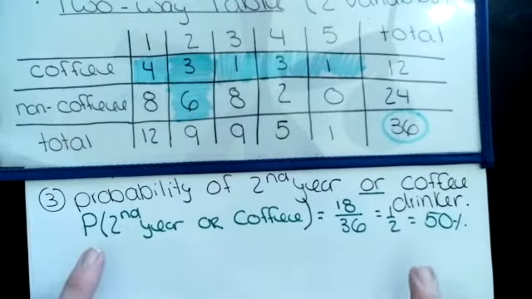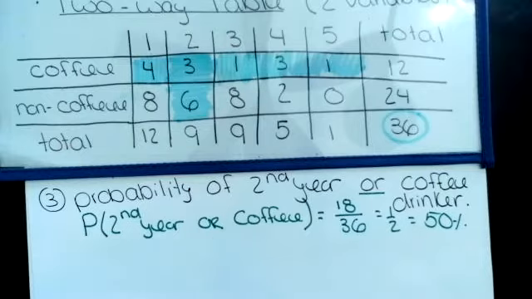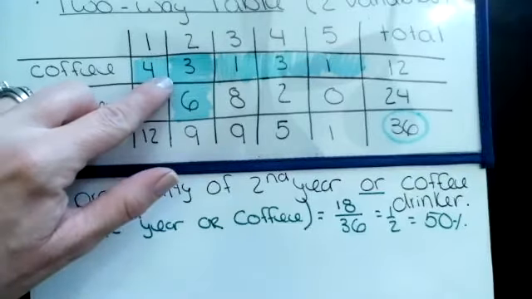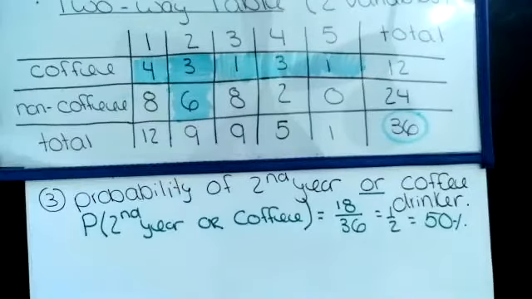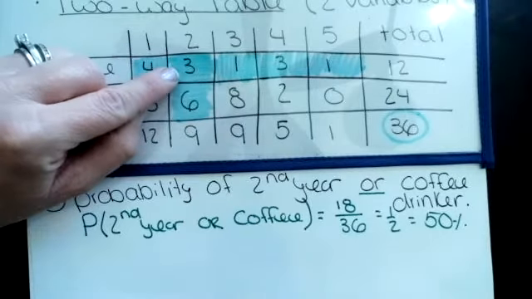Different ways. So here we're taking an "or," which means that someone can be a coffee drinker or second year, or you can see right here with these 3 students, it's both. Now, if you were to do this by hand with formulas, this 3 might get counted twice.